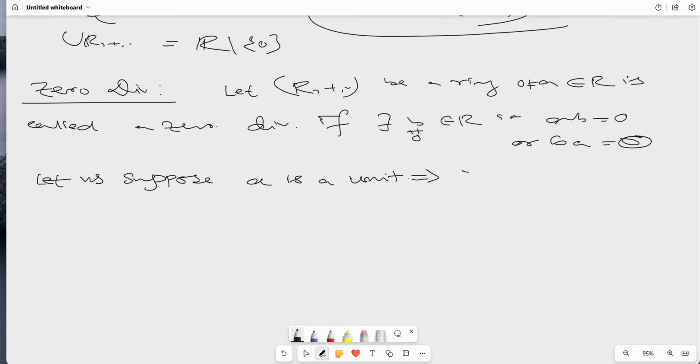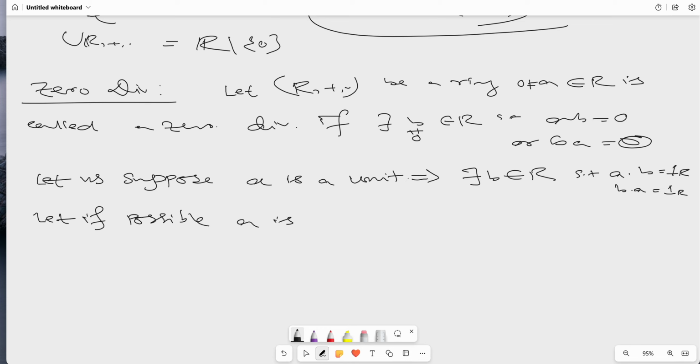This means that there exists B inside the ring R, such that A dot B is equal to 1R, or B dot A is equal to 1R. Okay, so let it be possible A is a zero divisor also.